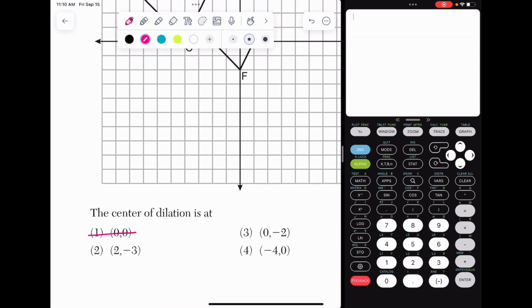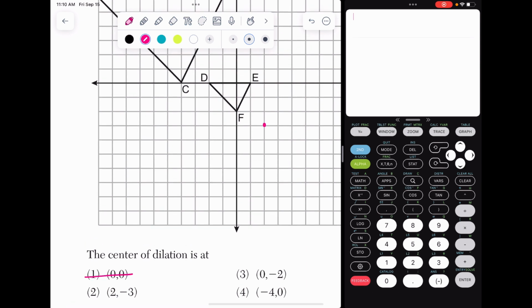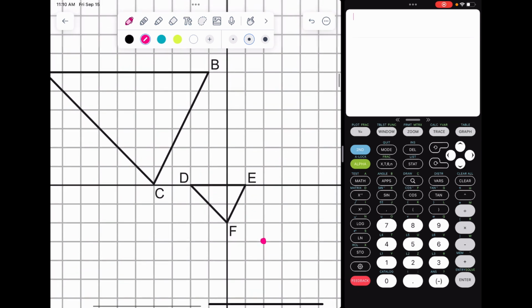All right, let's try choice 2, (2, -3). From here to, I'll use C this time, I'm going 1, 2, 3, 4, 5, 6 to the left, and 1, 2, 3 up.